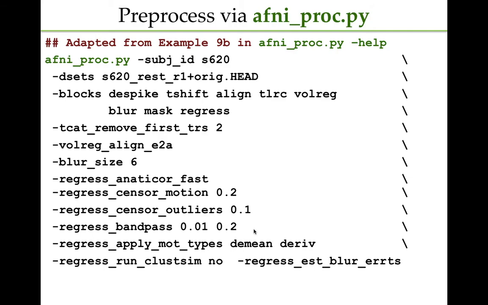This demean means here the motion regressors with their means removed so that their average is 0. And deriv means also take the time derivative of the motion regressors, as I mentioned earlier. So we have 6 motion regressors from 6 ways a body can move rigidly in space, and we'd have 6 more regressors from the derivatives. And then these are various options for what it does after the regression analysis.